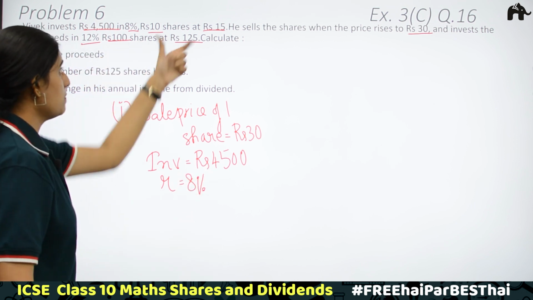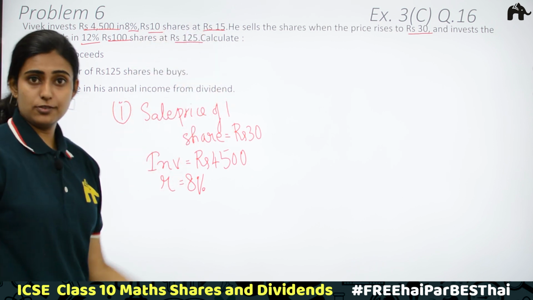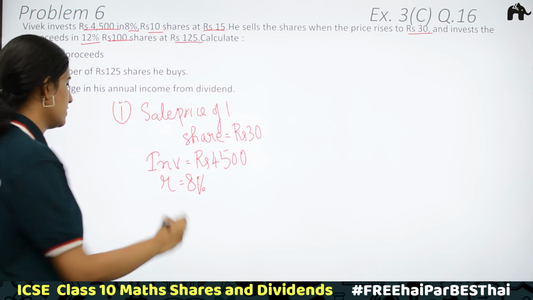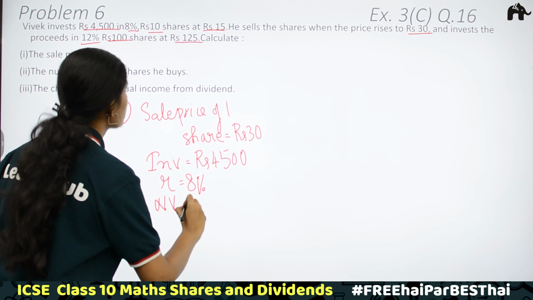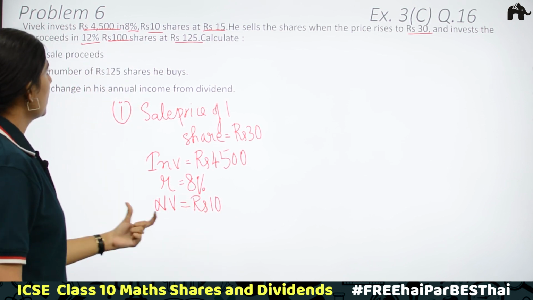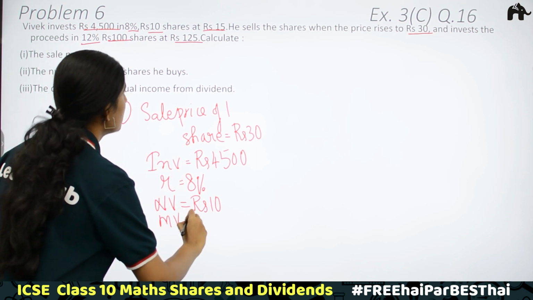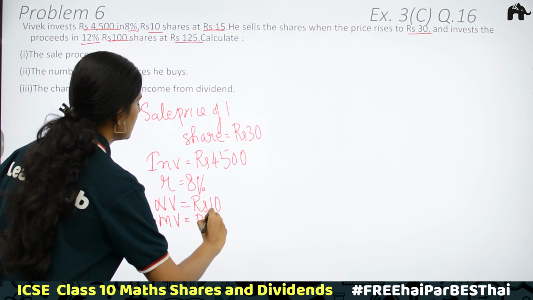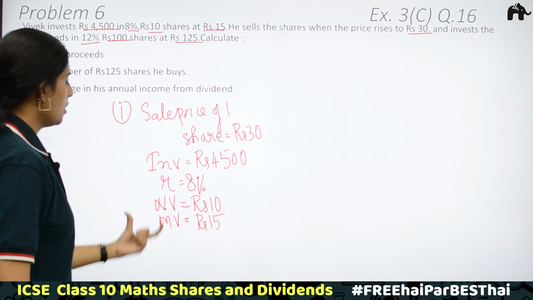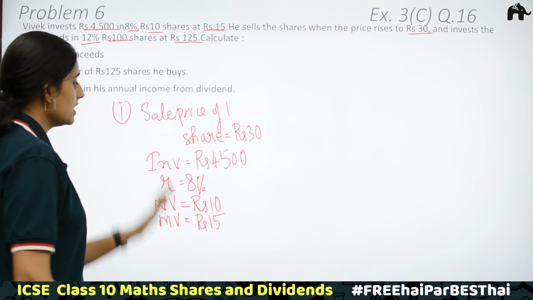This is for the first part. Rupees 10 shares at rupees 15. Nominal value and market value is given. Nominal value is equal to rupees 10 and the market value is rupees 15. Market value of one share and the investment is given in the question.